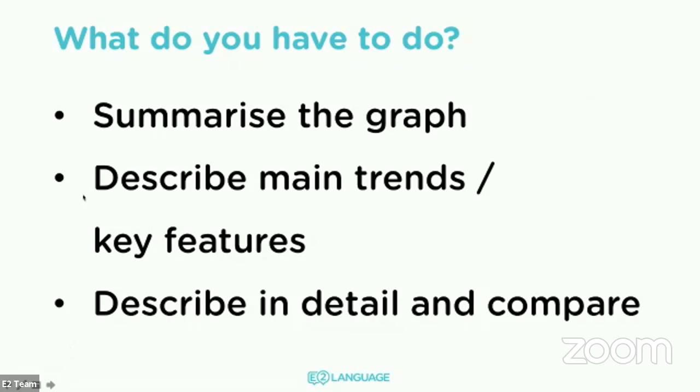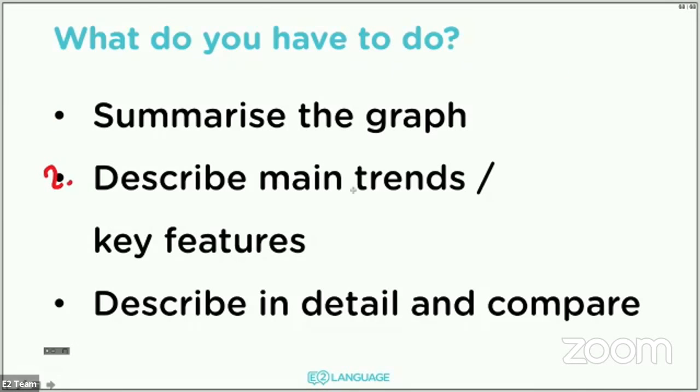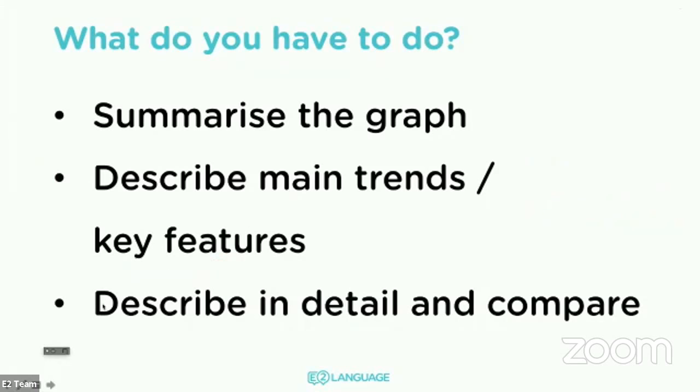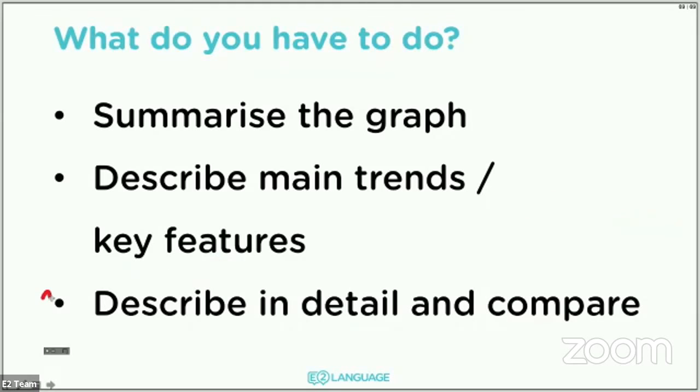Then in the second part, we describe main trends or key features depending on what we're looking at with no data, okay? We don't want to use that y-axis. No data needed. Just very general trends. Then what we do in the third part, in the biggest paragraph, is we describe in detail and compare.